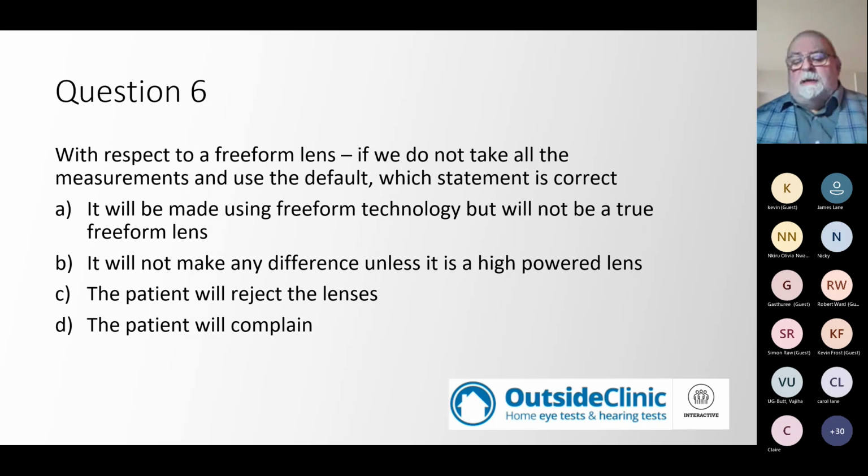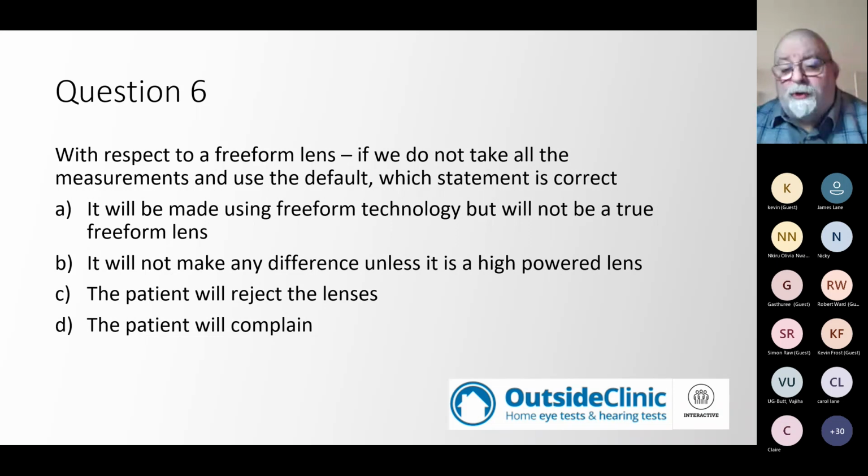So I just want to take a moment just to recap what we've been saying here. What we're basically saying is that we need to take the measurements that we all know and do frequently, but we need to take them in a way that takes into account the actual stance or the posture of the patient.